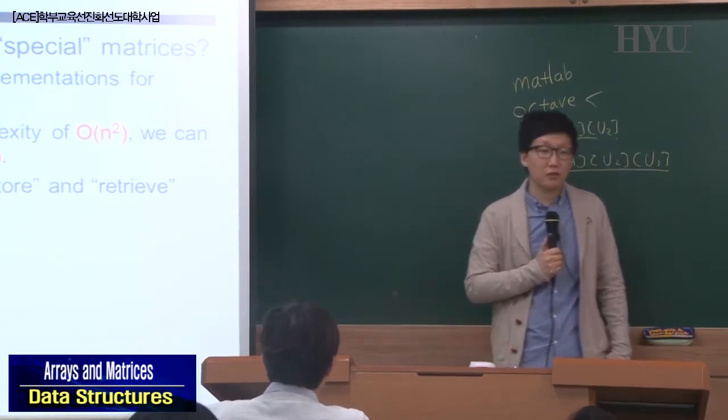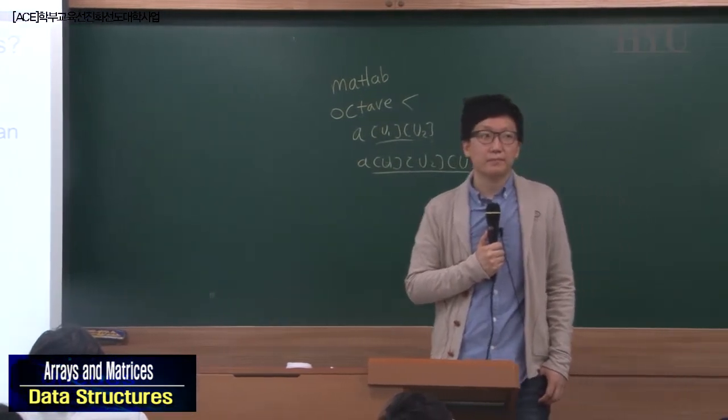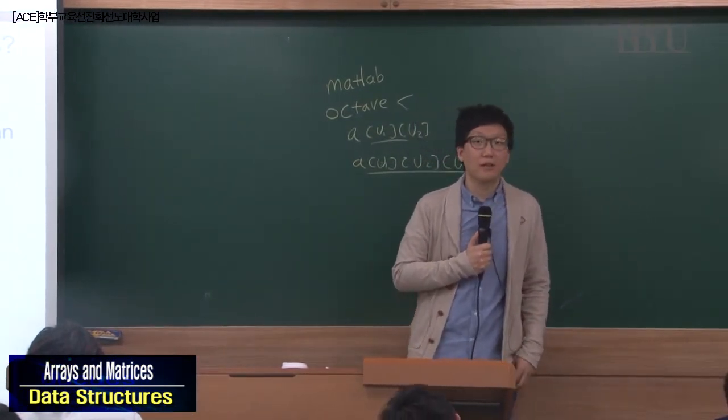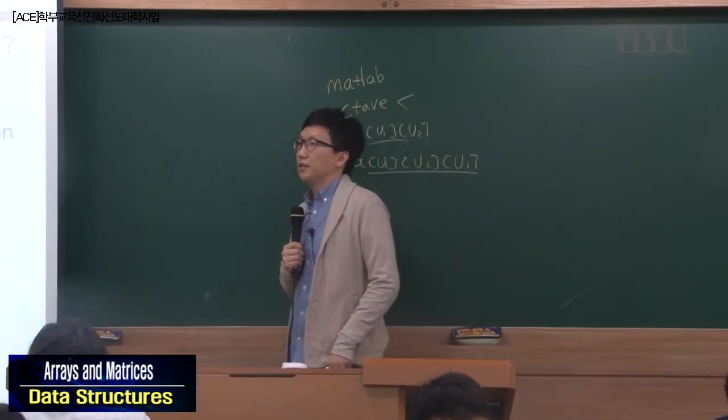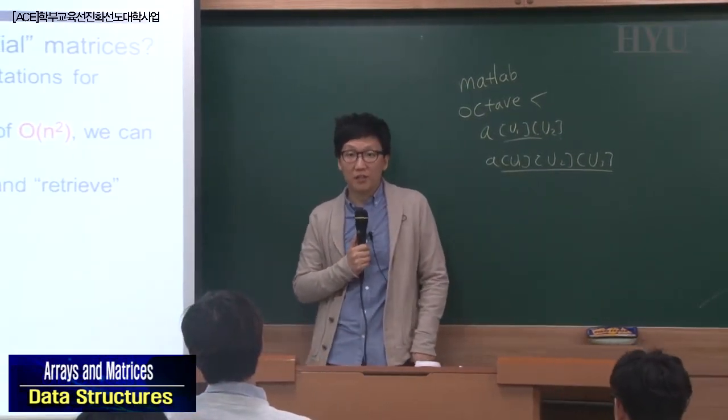Images are, the colors are represented in numbers. So images are matrices, right?